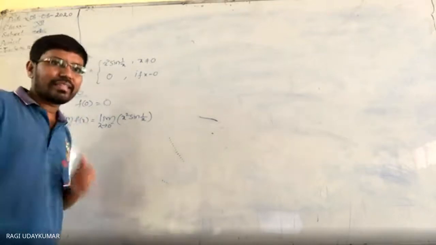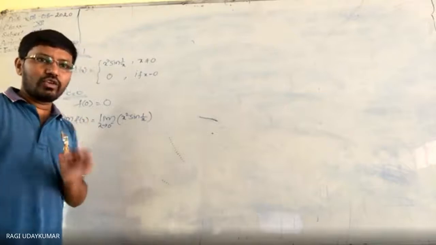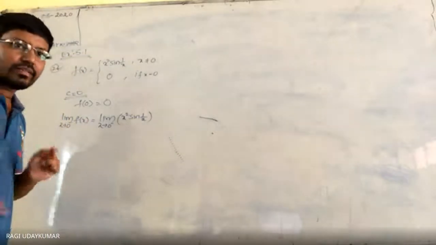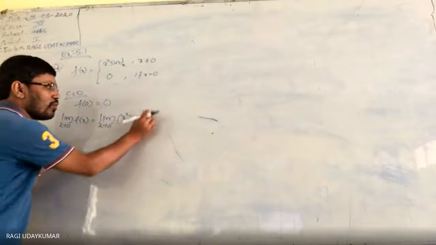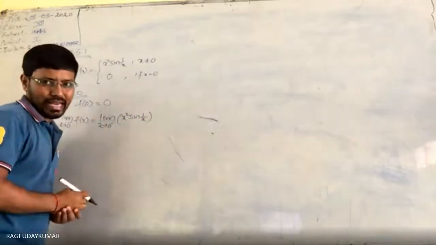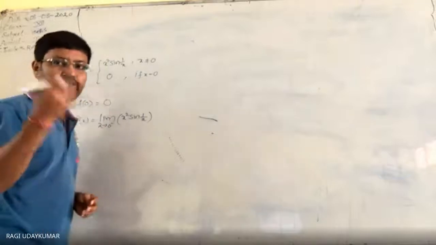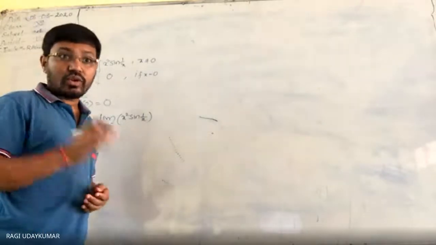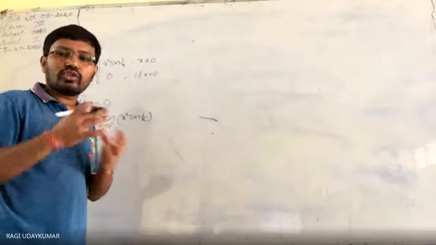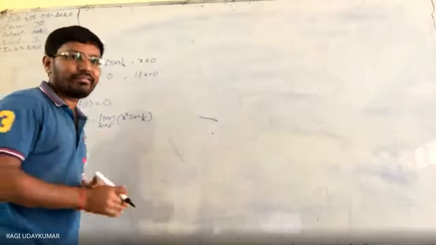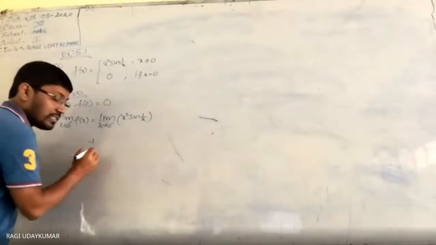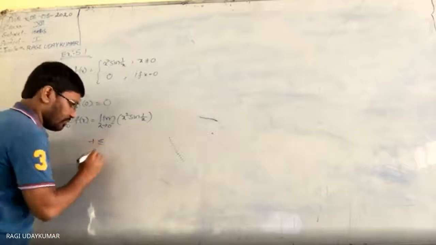To prove this limit, we know that any sine function lies in between. To prove this, we cannot take it directly, because x tends to 0 means 1 by x tends to infinity. So in this situation you need to solve this problem in a completely different way. This is called the sandwich theorem.